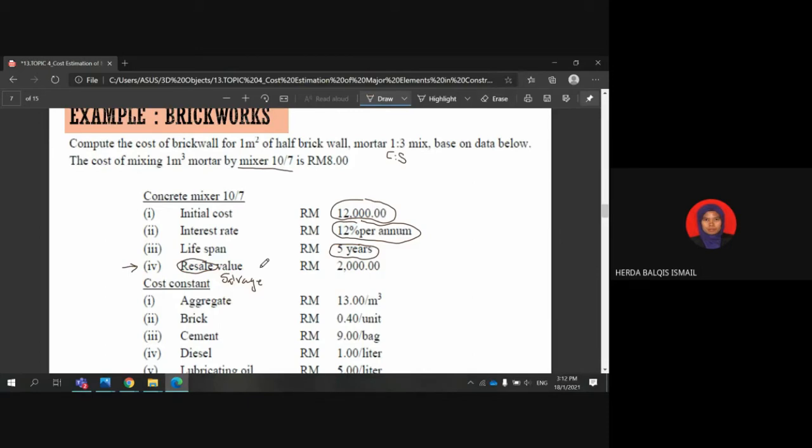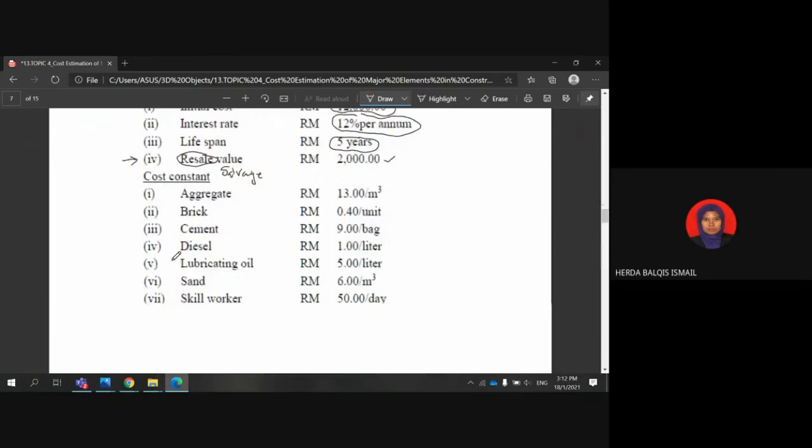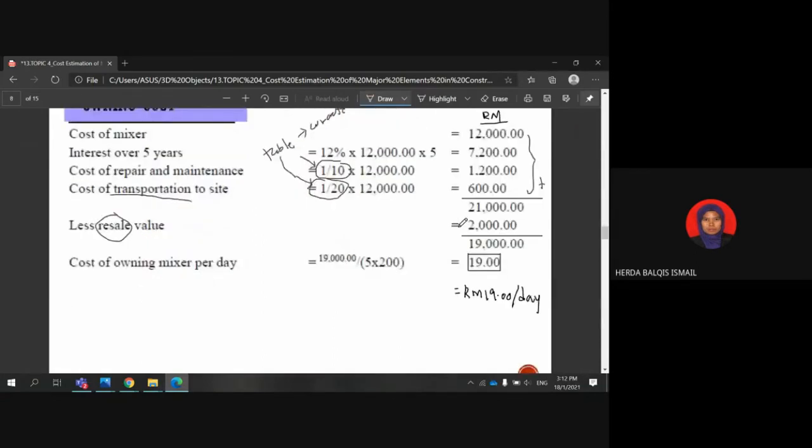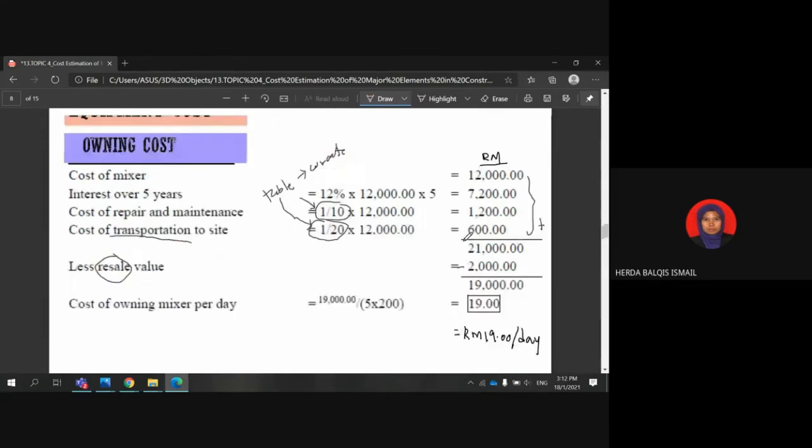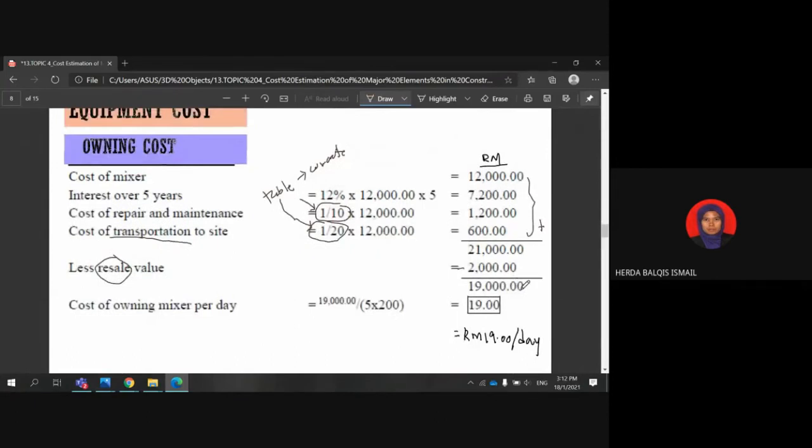Back to the question, in this case the resale value is 2,000, so you deduct this resale value from the total cost that you get. The owning cost for 5 years is 19,000.